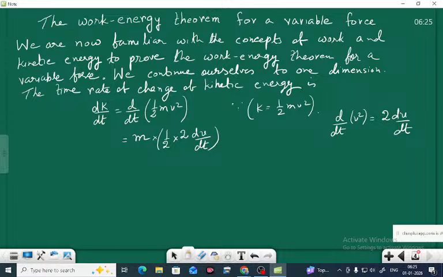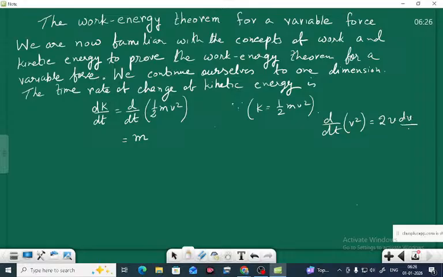The differentiation of v square is d by dt of v square equals 2v dv by dt.